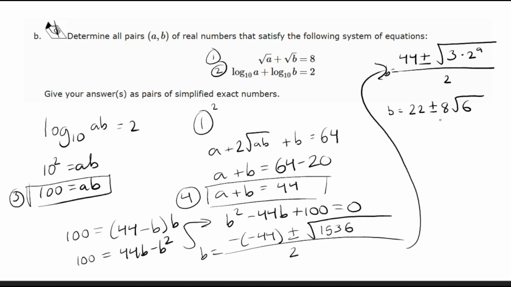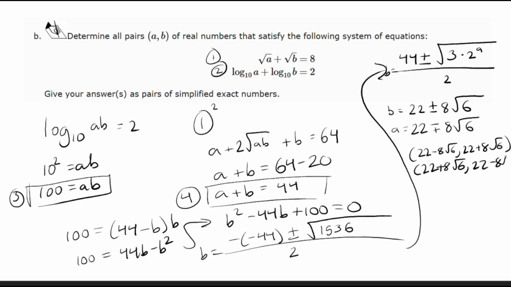And how do we get a? Well, if b is 22 plus 8 root 6, a must be 22, I guess you could say minus plus 8 root 6. So our pairs would then be of a, b, 22 minus 8 root 6, comma 22 plus 8 root 6, and 22 plus 8 root 6, comma 22 minus 8 root 6.